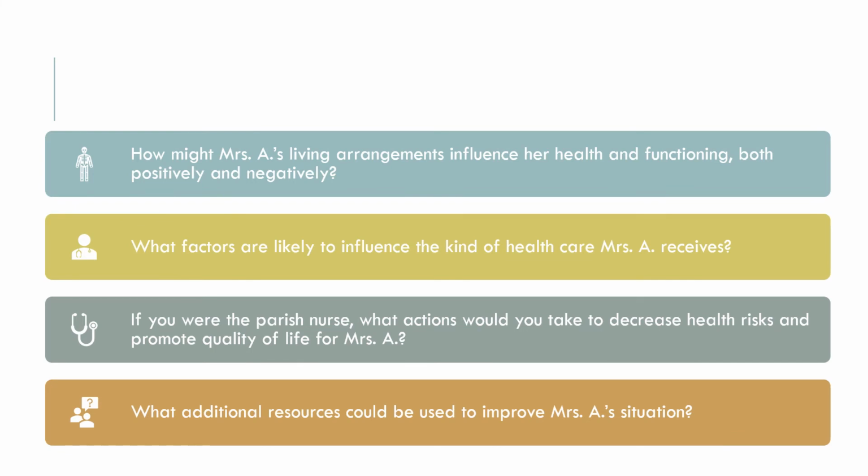So going through again that case study, how might Mrs. A's living arrangements influence her health and functioning both positively and negatively? The living arrangements include the apartment she lives in, the metropolitan area, and the people she lives with. So what would be positive and negative about those things?